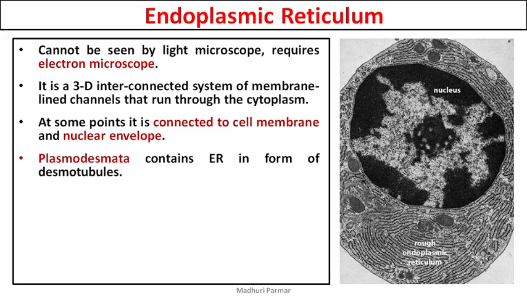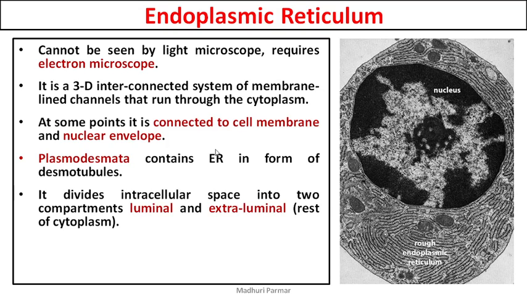Just recall the cell wall, and I think even in cell membrane we discussed it when we were discussing the junctions, right? So plasmodesmata contains ER in the form of desmotubules. From now on, whenever I mention ER, it means endoplasmic reticulum. It divides the intracellular space into two compartments, luminal and extraluminal.